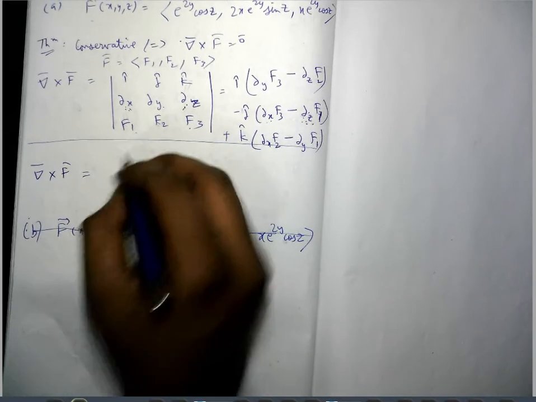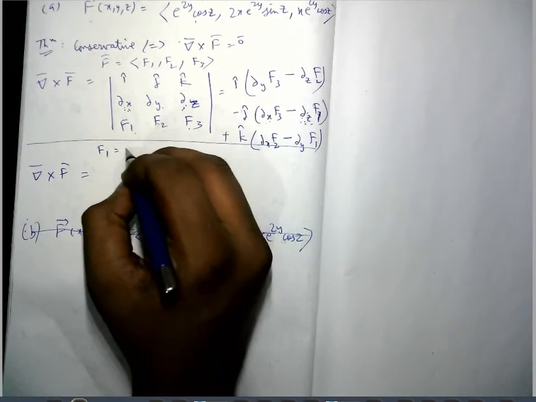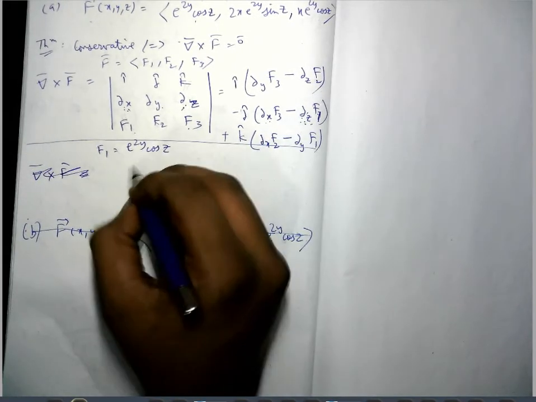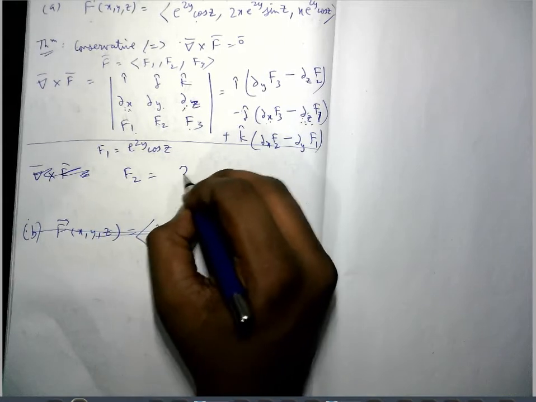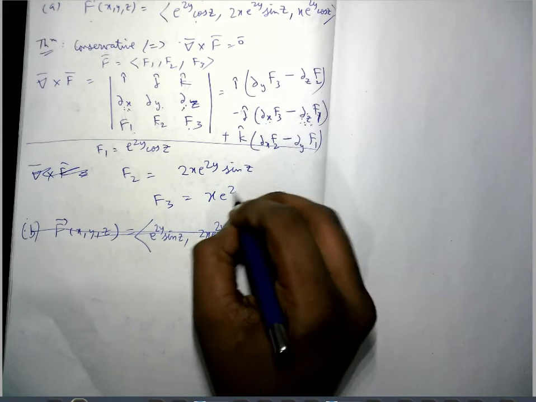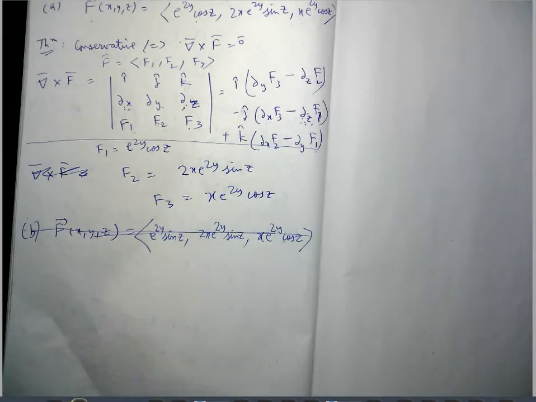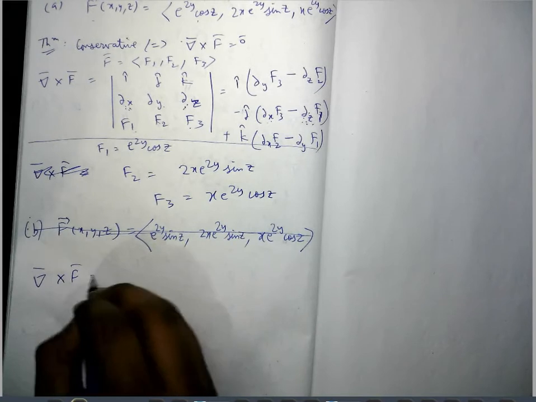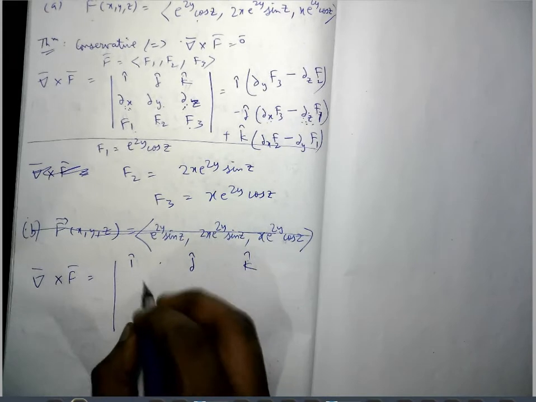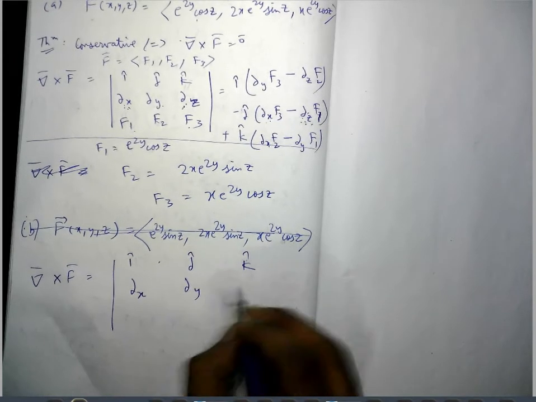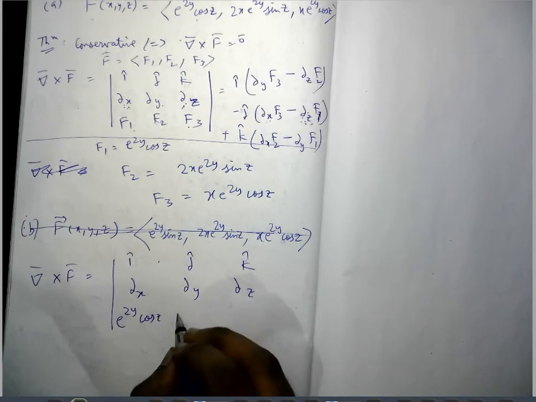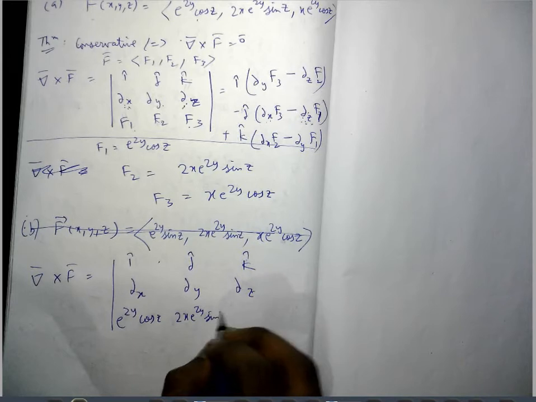As we notice, f1, the first component, is e to the power 2y cos z, f2 is 2x e to the power 2y sin z, and f3 is x e to the power 2y cos z. So for the curl of f, we substitute f1, f2, f3 in this formula.